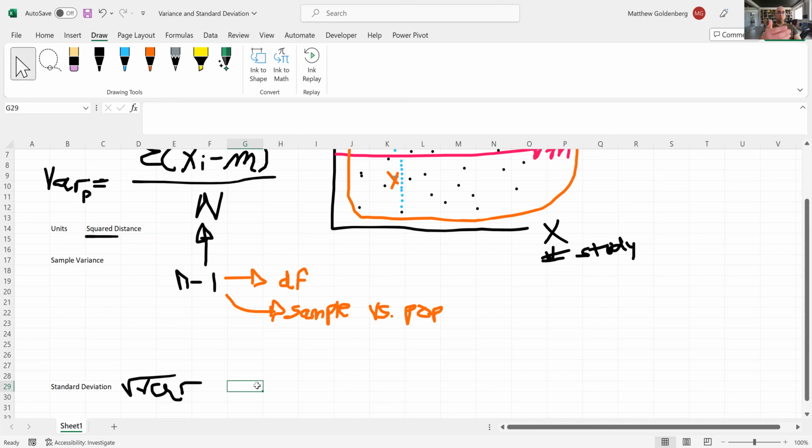Well, if you take the square root of squared distance, which is standard deviation, it will remove that square and just leave you with distance. So the interpretation of standard deviation is the average distance each observation has from its mean. I wrote that in the Excel.